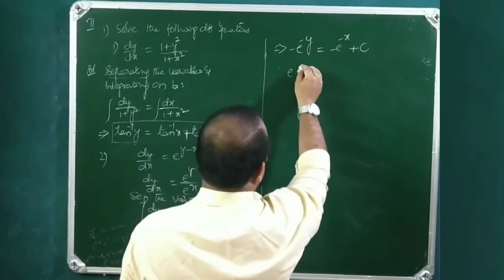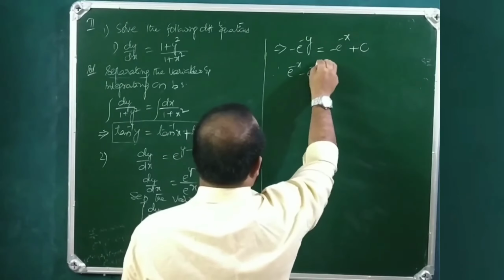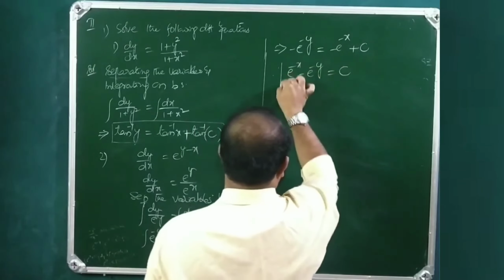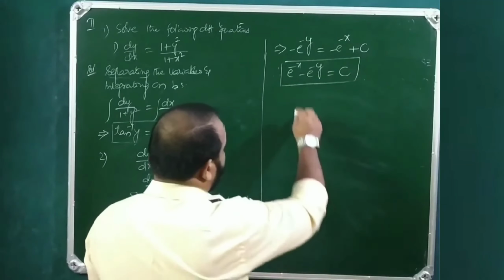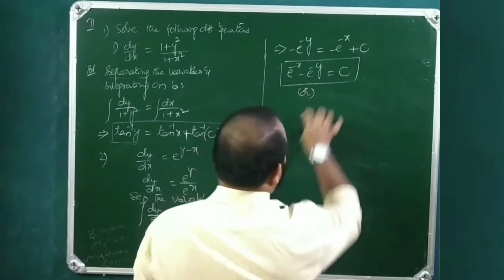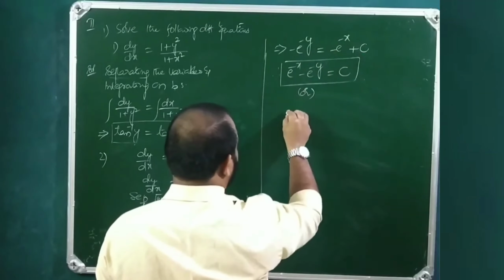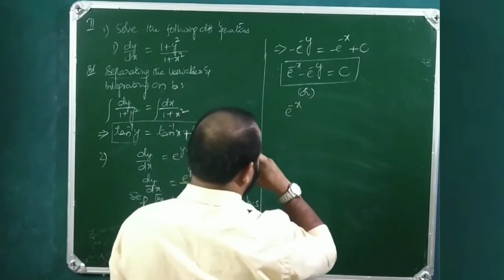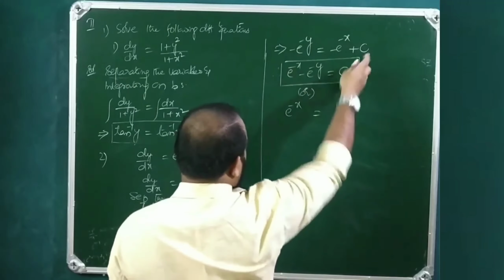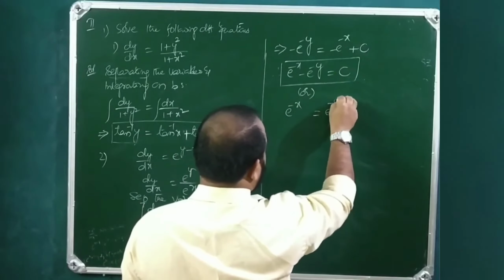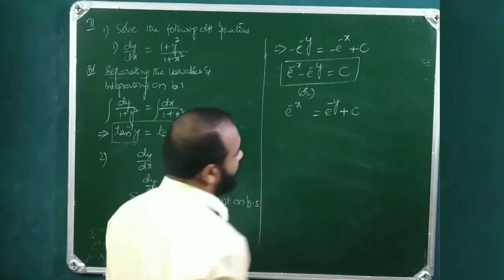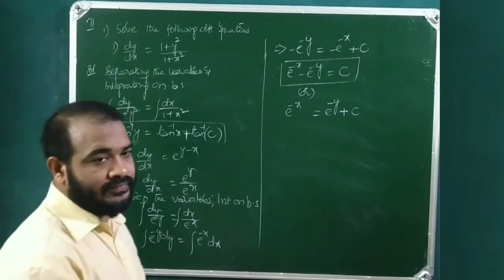Therefore the answer is e power minus x minus e power minus y equals c. But he has given the answer as e power minus x equals, if you transpose onto the other side, e power minus y plus c. This is the answer given.